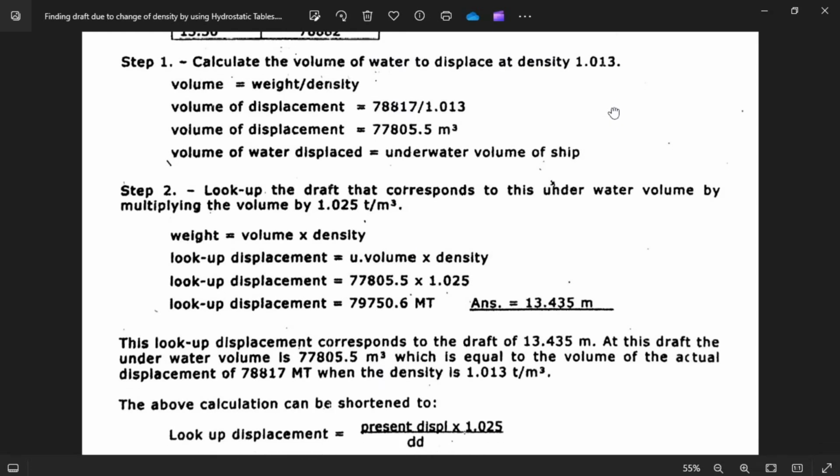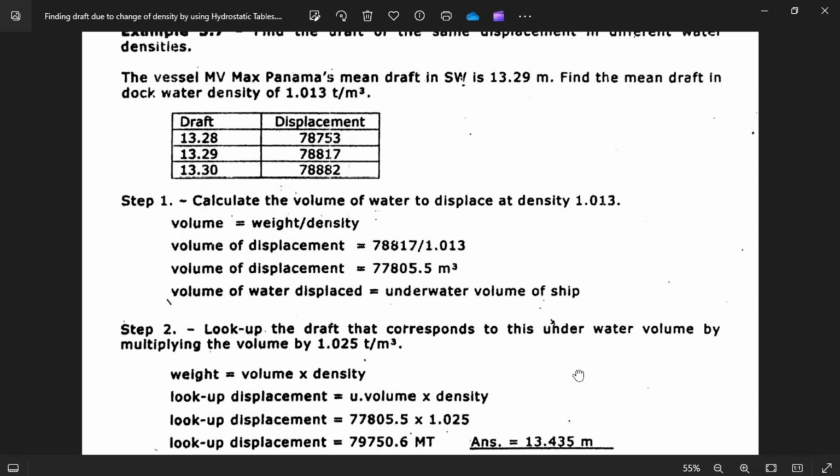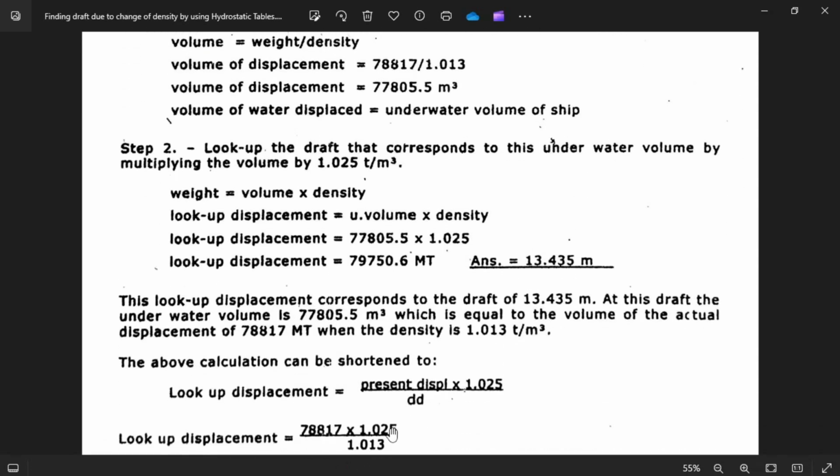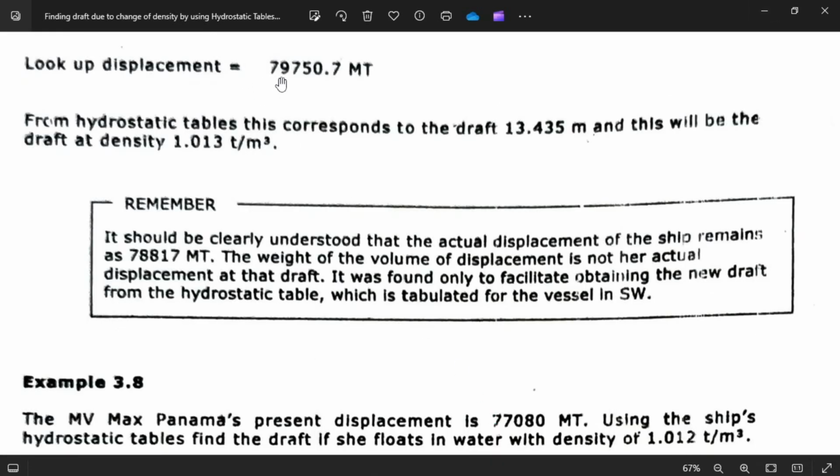Which you get from the draft of 13.29, times 1.025, which is the salt water density, because this 78817 is in salt water. So multiply this by 1.025, then divide it by the local density or your present density of 1.013, and the answer to this equation is 79750.7.